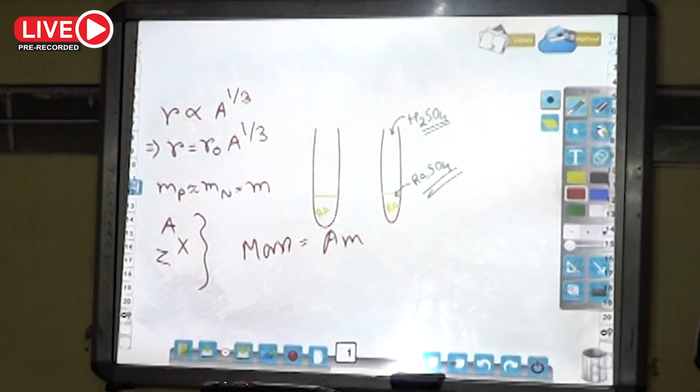Total mass of the nucleons is A into m, because A is the mass number, means the number of nucleons. Each nucleon is considered to have mass m. So it is A into m, the total mass.